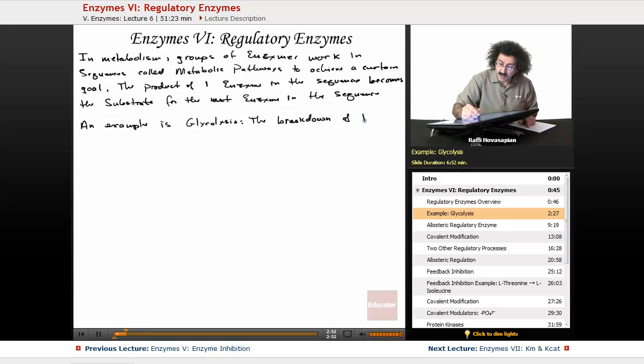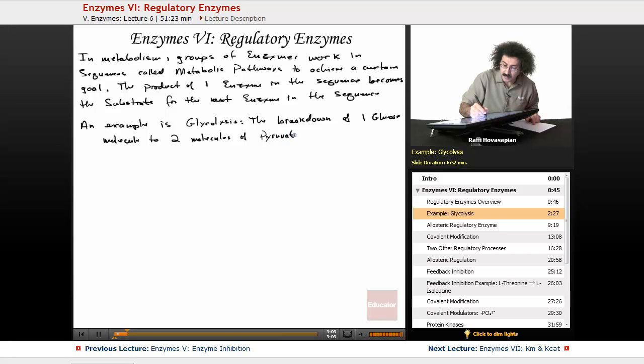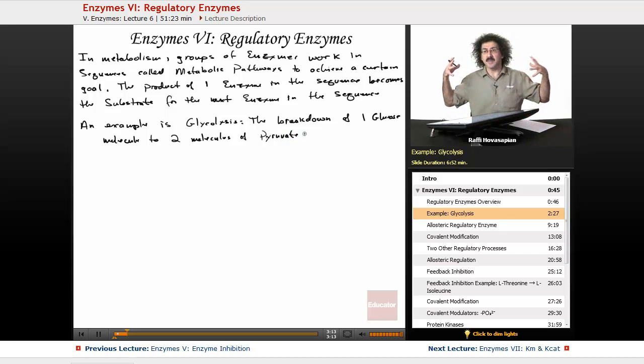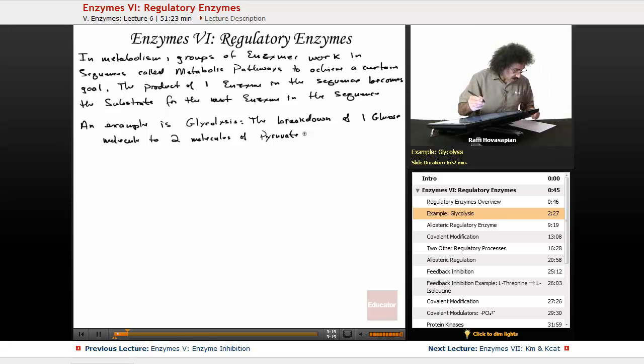The breakdown of one glucose molecule to two molecules of something called pyruvate. It's the beginning of how the body metabolizes the sugar that you intake in order to produce energy. Okay, so the sequence goes like this.